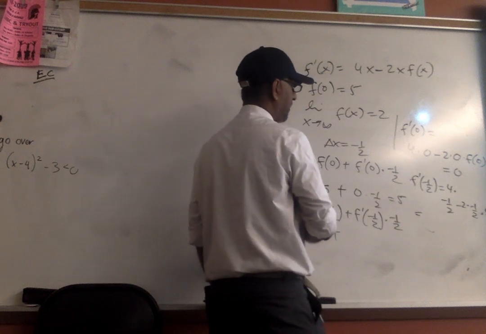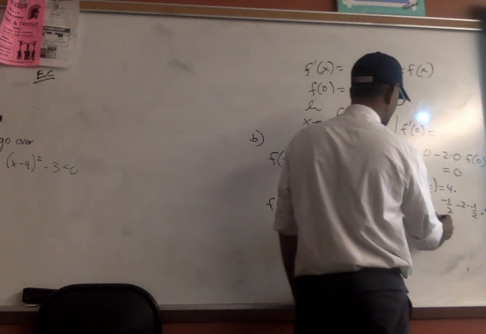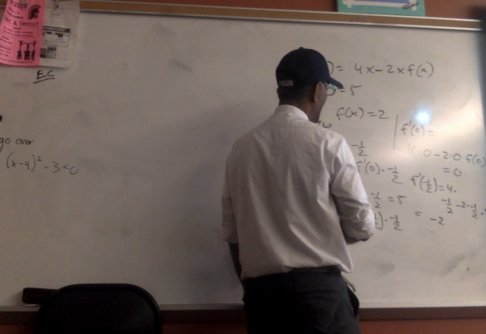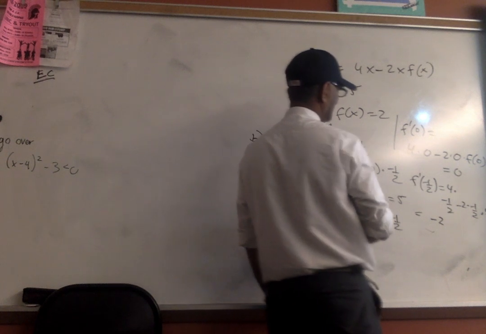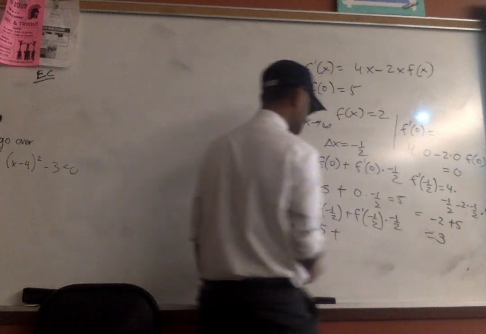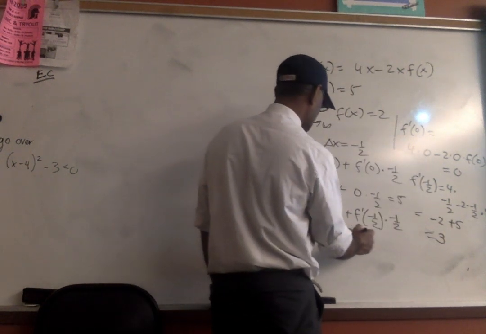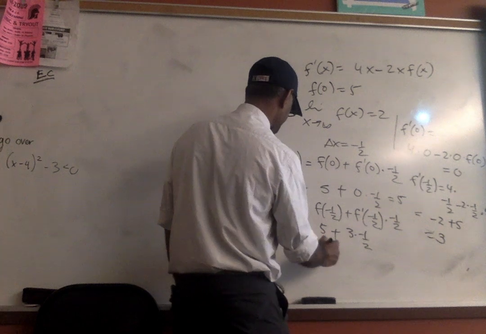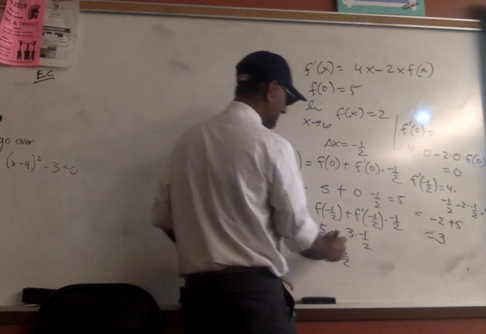Look down. What's 4 times -1/2? -2. Ooh! What's -2 times -1/2? So that just becomes plus 5, which is 3. Let's plug that in. So 3 times -1/2, which is -3. Slow and steady. Don't skip steps.